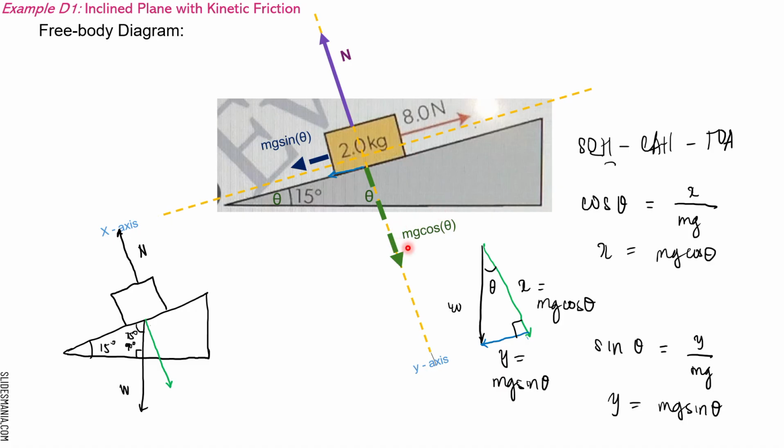In this case, the mg cosine theta appears to be the y component of our weight because we oriented our coordinate system this way, and the x component of the weight is our mg sine theta. So let me make that correction right there. In order to not be confused, let's just denote mg sine theta as the parallel component of the weight to the ramp and mg cosine theta as the perpendicular component of the weight to the ramp.